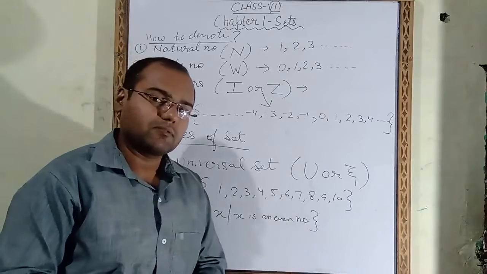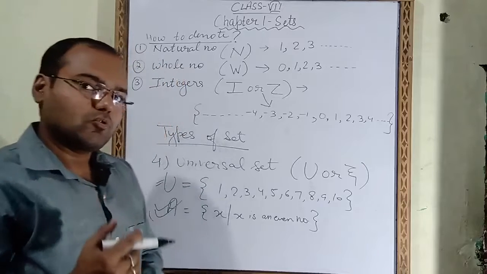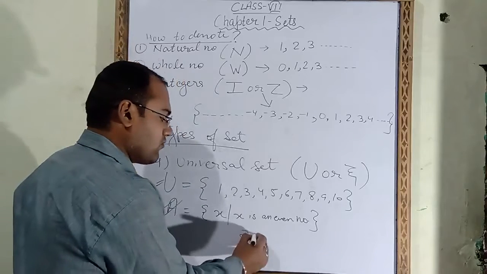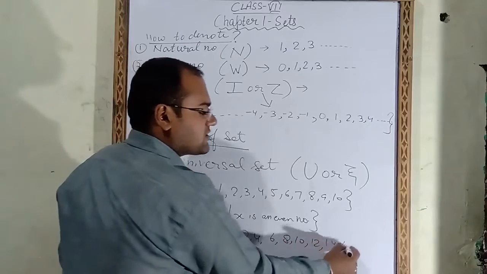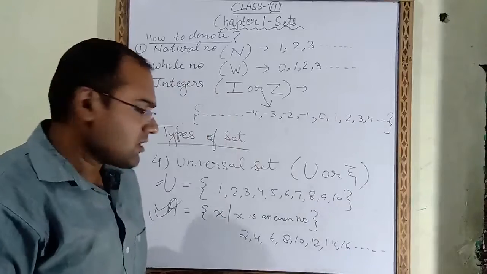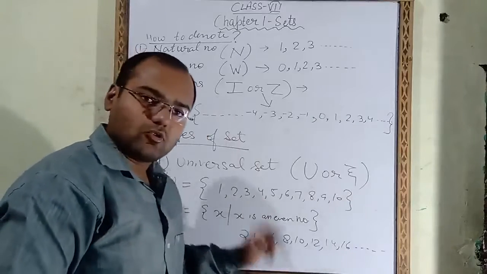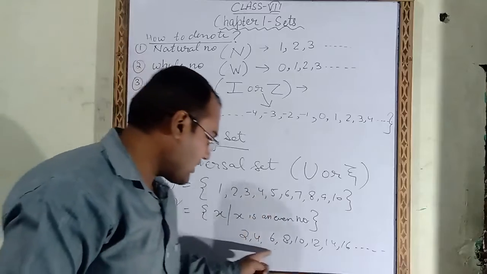What are even numbers? Even numbers are those which come in the table of 2: 2, 4, 6, 8, 10, 12, 14, 16 and so on. But we will choose only those values which are in the universal set. So we will not take all the values.